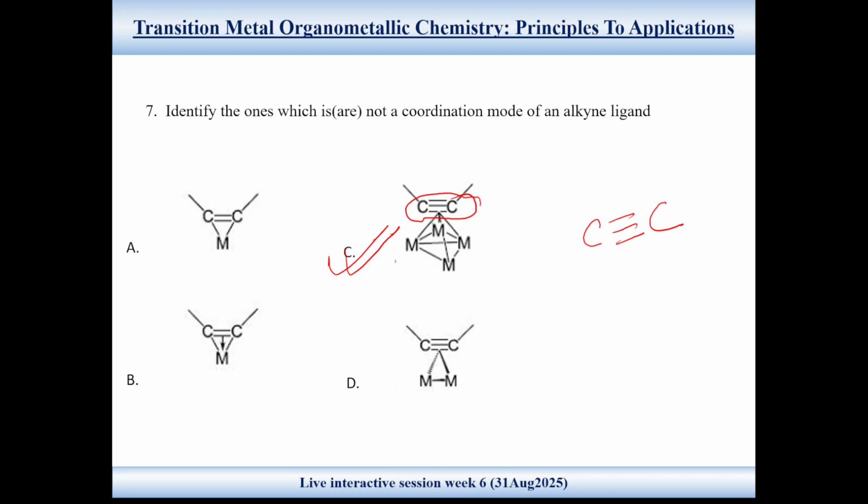It is not possible to bind simultaneously with 4 metal centers. So option C is not a binding mode for an alkyne ligand. It may be sigma type binding, sigma-pi, or other coordination, but simultaneously binding to 4 metal centers is not possible for the alkyne.